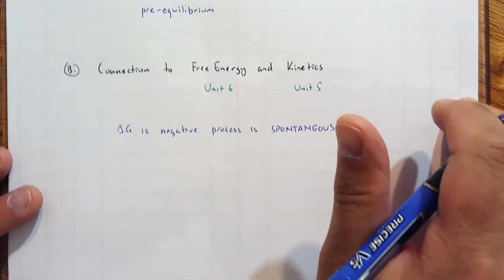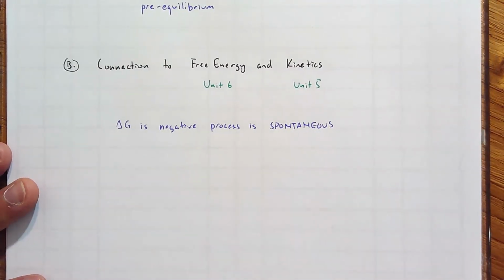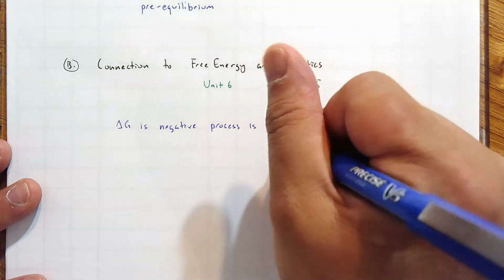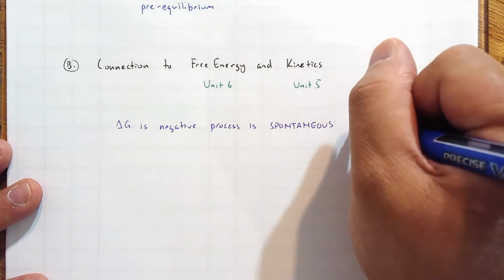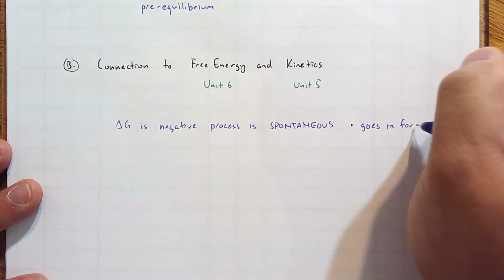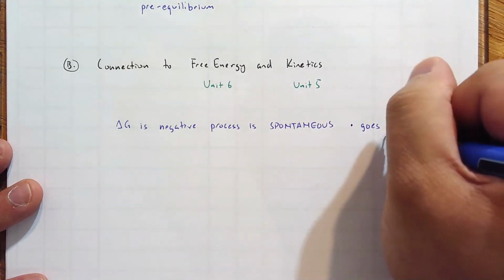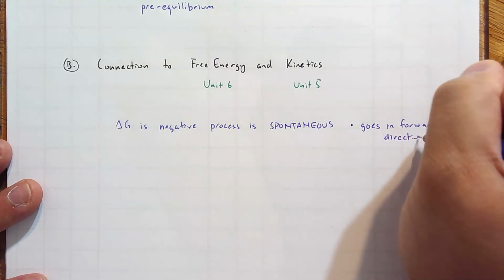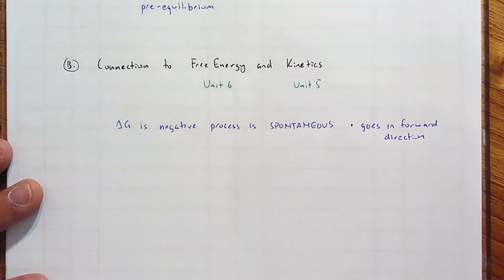When we say the word spontaneous, we mean that it goes in the forward direction. So there are two things that go with this word spontaneous. It goes in the forward direction, the way the reaction is written.